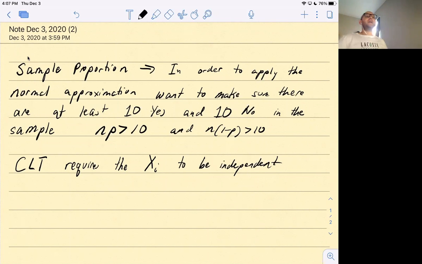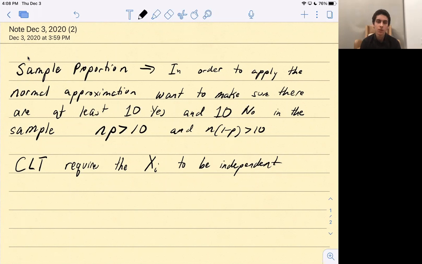So if you roll a die 100 times, there's no argument that each roll is completely independent of all the previous rolls. But if you're picking a random sample, are the people that you pick independent? Is their distribution of what they're going to say independent of the previous person or all the people before?